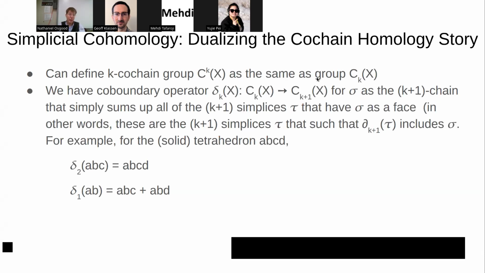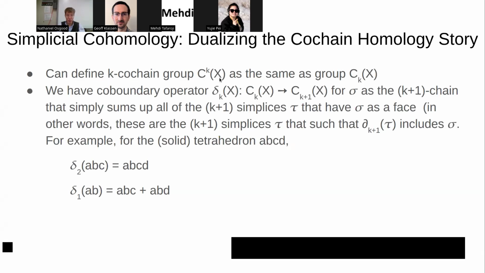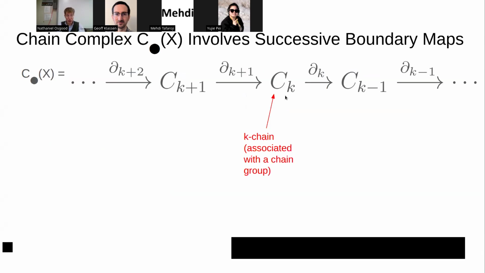We're going to now be going up in dimension. We're going to be turning these things around. Actually, we're going to be transposing, going from C sub k to C sub k plus 1. We're going to be dualizing it, taking the dual, going up. And that takes the transpose of each of these.